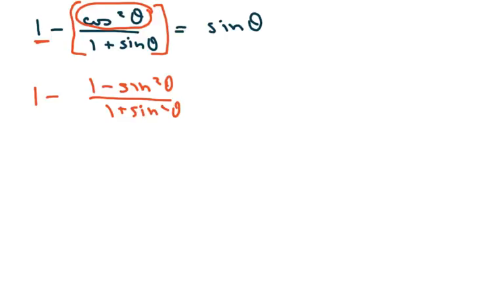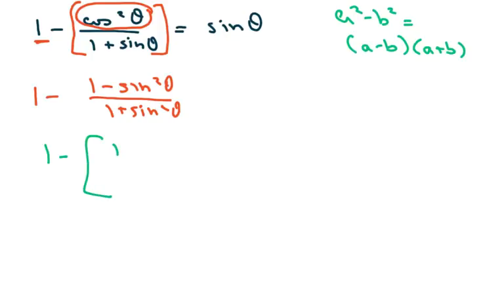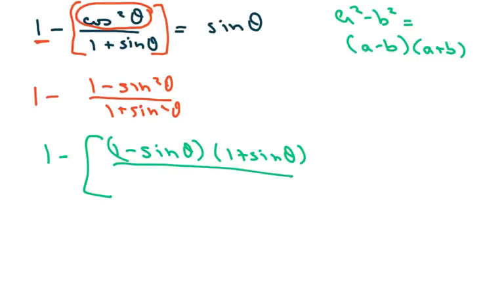Now, I'm going to use the fact that a squared minus b squared equals a minus b times a plus b. So we have 1 minus, and I'm going to write this as 1 minus sine of theta times 1 plus sine of theta over 1 plus sine theta.